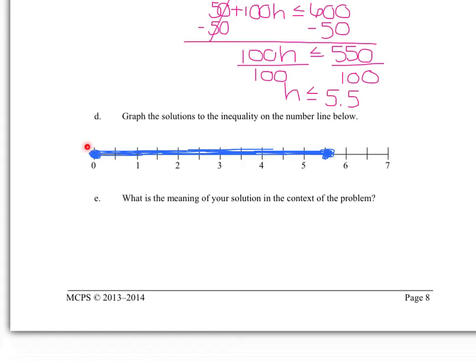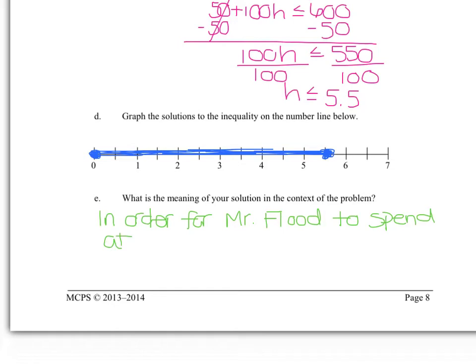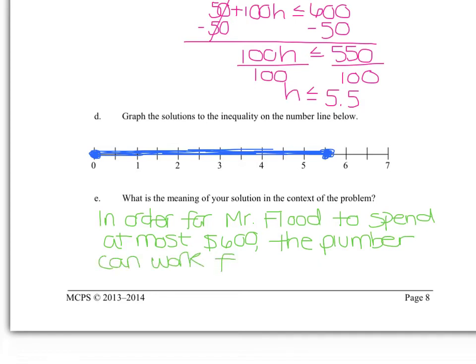Well, our solution says that in order for Mr. Flood to spend at most $600, which is what he wanted to do, the plumber can work for no more than 5.5 hours fixing the leak.